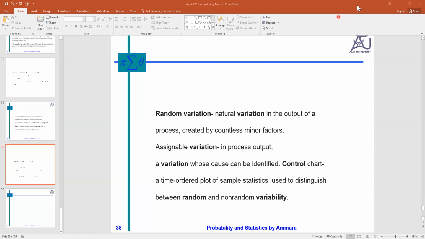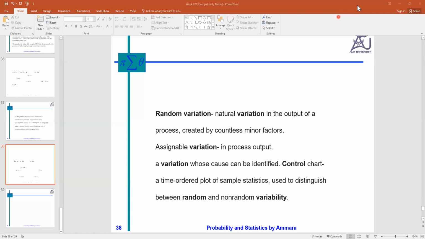Once we rectify the reason, then we can easily make it in control by applying statistical quality control processes. So this is the basic concept of control charts, why we need them: because we want to check the process, and this is the easiest way to identify the points where our process falls in control and where it lies out of control.